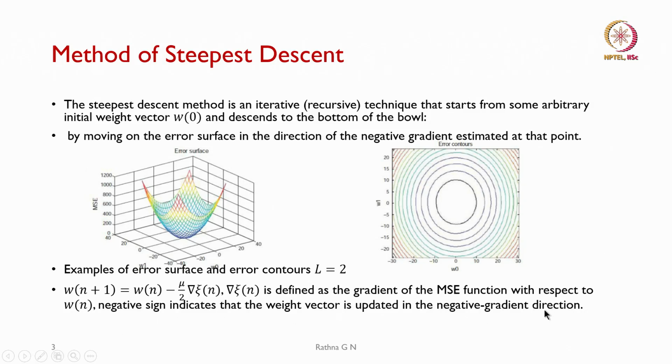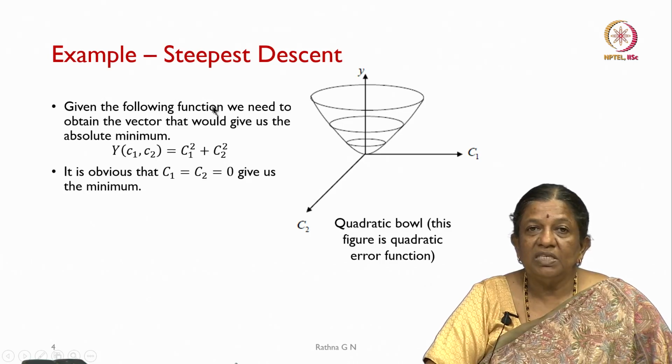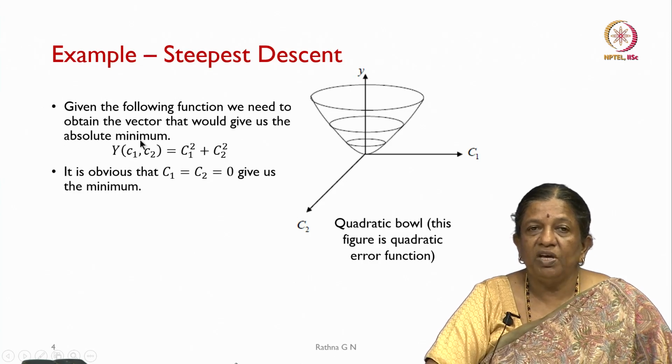So, we will take up an example and see how we work with the steepest descent algorithm. The function is given, and we need to obtain the vector that would give us the absolute minimum. So, y of C1, C2 is given as C1 squared plus C2 squared.